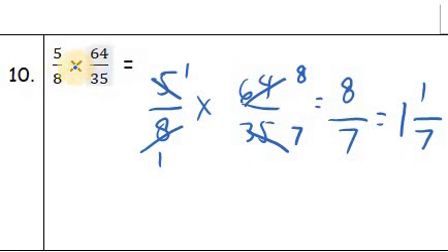So we just need to find the greatest common factor, divide the numbers by it, and then we will have smaller numbers, which are easier to solve. We do not do the multiplication immediately. We do not do 5 times 64 and 8 times 35 because it will take so much time.